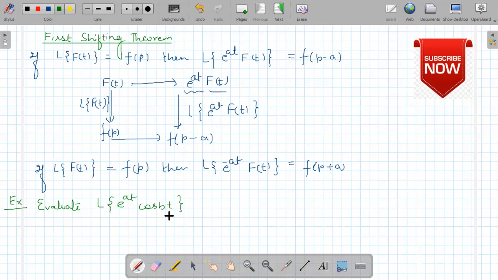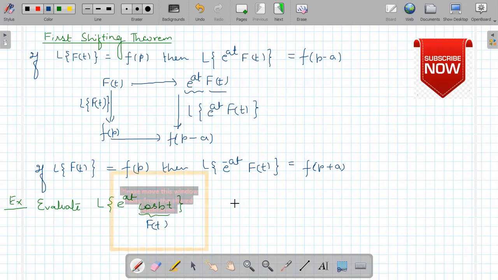So first of all, we extract f(t) from this expression. So f(t) is cos of bt, right? This is f(t) because this function is multiplied by this exponential function.